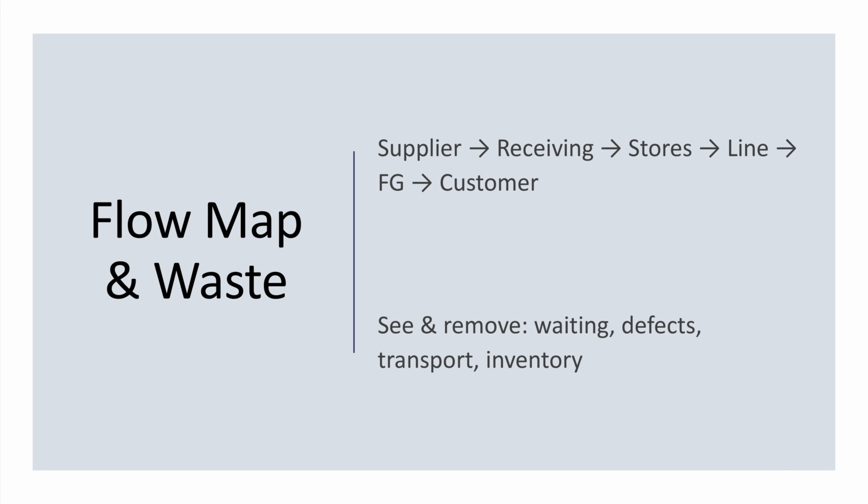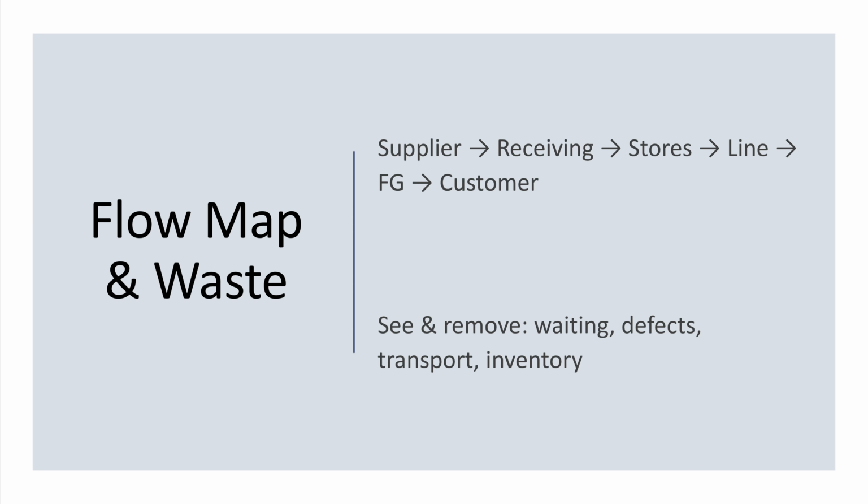I visualize the system as a simple map: supplier, inbound receiving, stores, kitting, line side, process steps, finished goods, and then customer. Make waste visible on this map: waiting, overproduction, defects, excess motion, overprocessing, transport, and inventory.